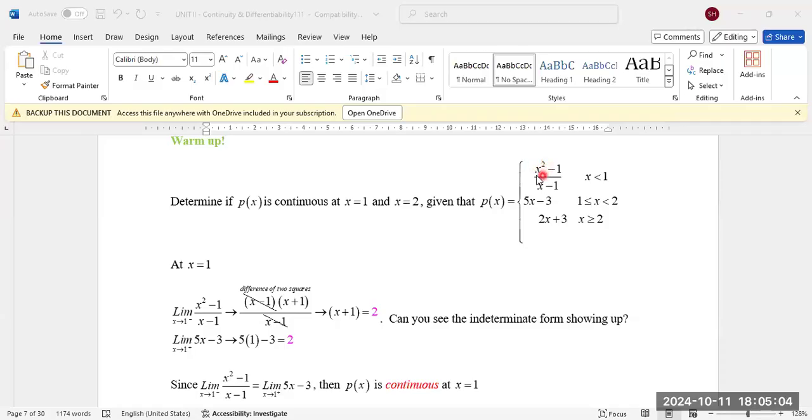Yes, sir. Good. Do you agree that 1 is a perfect square? Yes, sir. And it is separated by a negative sign. So once you have only two terms, that's condition number 1. The first term is a perfect square, condition number 2. The second term is a perfect square, condition number 3. And it is separated by a negative sign, condition number 4. It is a difference of squares.